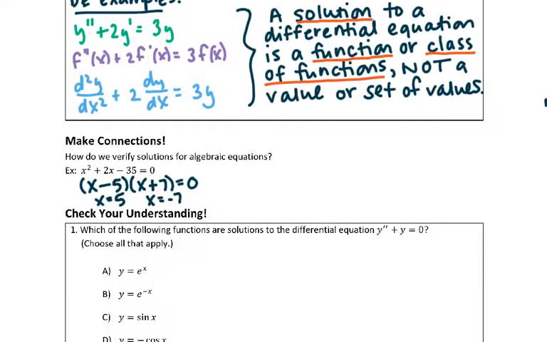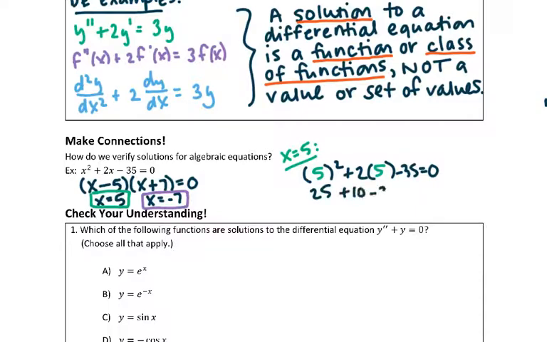Now, what I'm asking you to think through is how do we know or verify that these are in fact solutions? Well, one thing you can do is substitute them back into the original problem. So for instance, let's take x equals 5 and substitute it back into x squared plus 2x minus 35 equals 0. If I plug a 5 in here, I'm going to get 25 plus 10 minus 35.